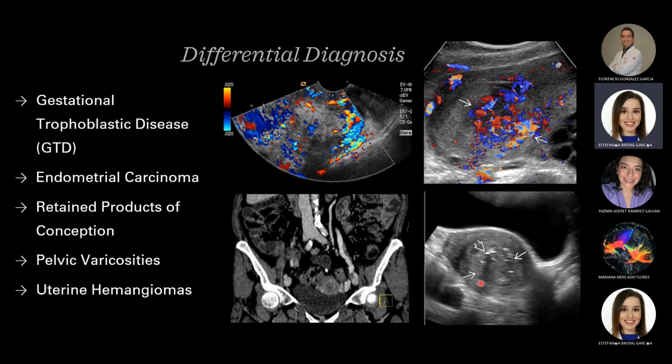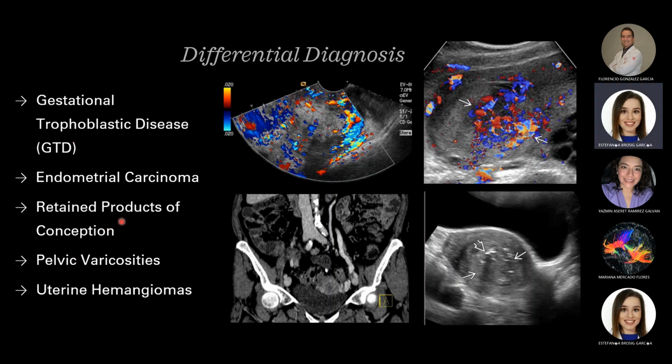The uterine cavity appears expanded with obvious myometrial invasion. This was a case of endometrial carcinoma. It is also a differential diagnosis, but it tends to occur in patients of more advanced age in comparison with GTD.